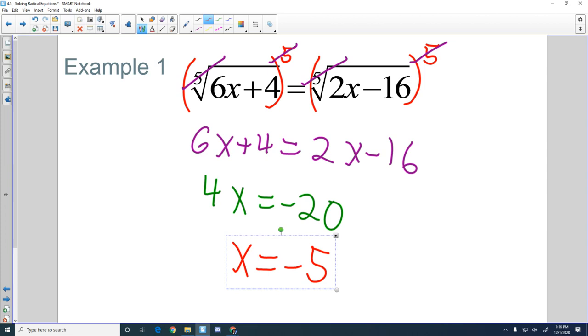A couple of you? Anyone at home? There. Oh, 2 people. Cool. All right, questions on any of these steps yet, or about the concept of raising to a power to cancel out the root?